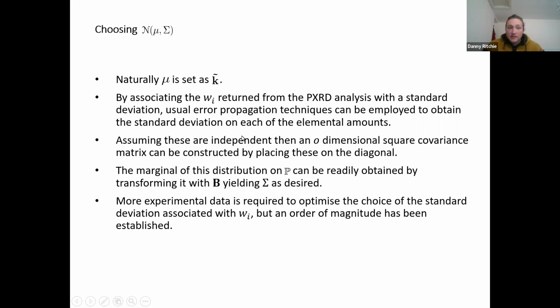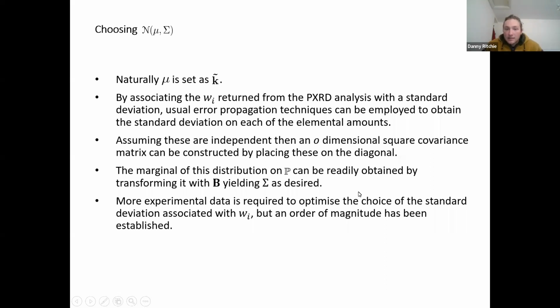Now, assuming that these standard deviations are independent, then an O-dimensional square covariance matrix can be constructed by placing the variances, the standard deviation squared, along the diagonal of that matrix. And then this is easily projected onto the hyperplane P just by transforming it with the change of basis matrix B, which I defined earlier.